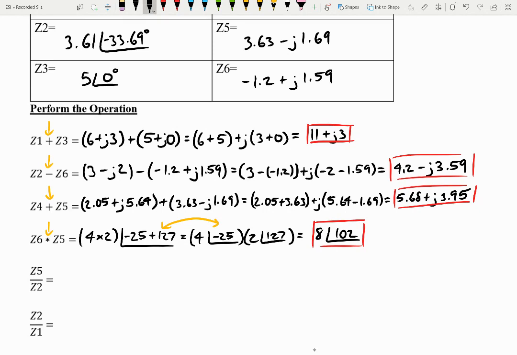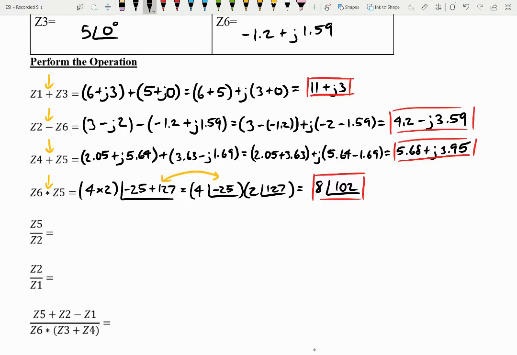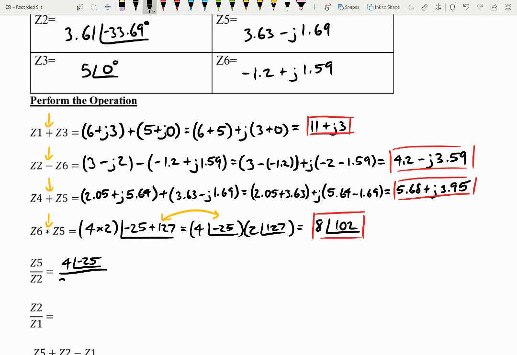Z5 divided by Z2. So once again, we're going to use the phasor. So Z5, we said was 4 at negative 25. Z2 we found to be 3.61 at negative 33.69.